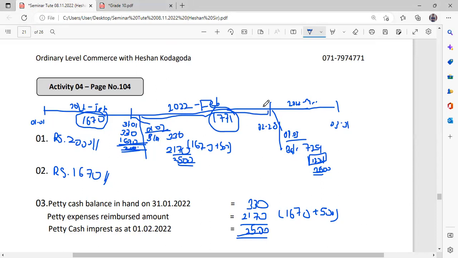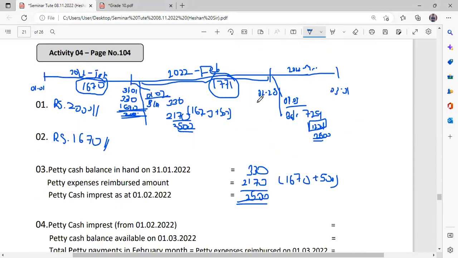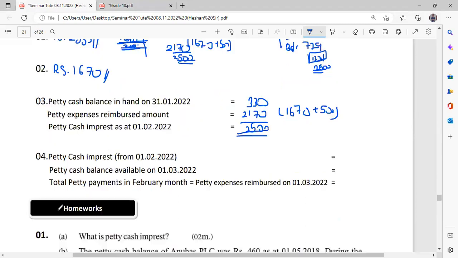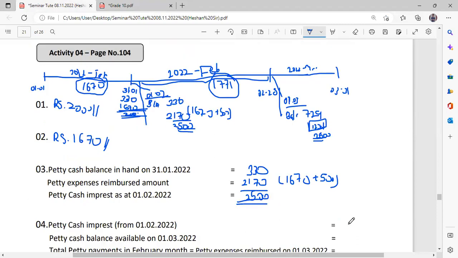Since no petty cash was reimbursed, the petty cash imprest increases, right? So we can identify 1,771 as the reimbursement amount. Now you know petty cash imprest is 2,500, right?